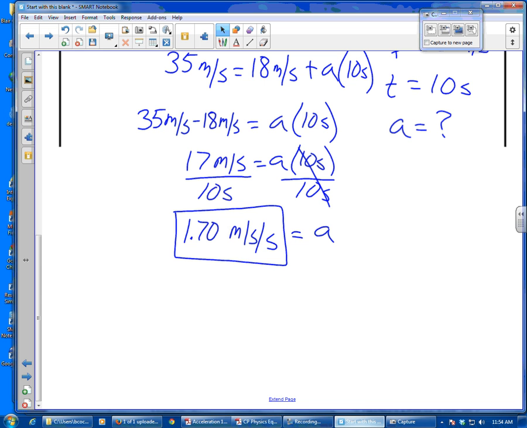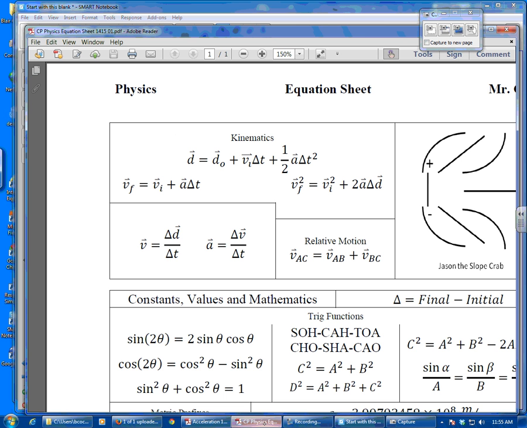Shall we go on to the second part of this one? Sure. So the second part says how far did it travel during this? And my main equation here talks about, remember we talked about this one yesterday, where I end up is where I started and how far I went because I was moving when I started and how far I went because I accelerated during that time.